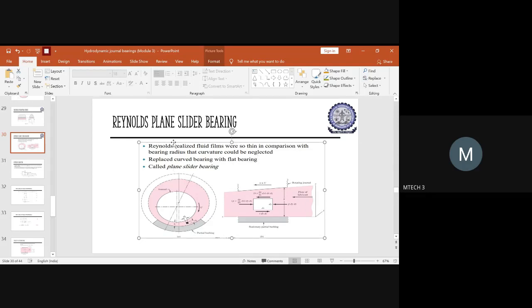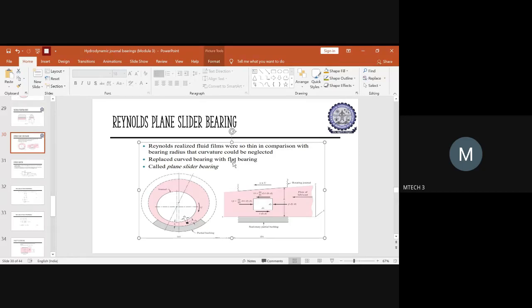So we are assuming a thin film lubricant, along with that the bearing radius of curvature will be neglected. In that case, the curved bearing will be replaced with a flat bearing.